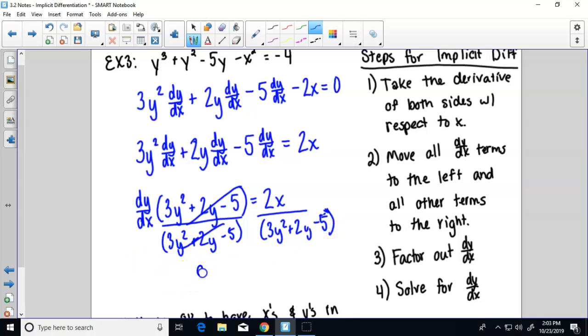So you end up with dy over dx equals 2x over 3y squared plus 2y minus 5. Okay, and so you've got a derivative here.